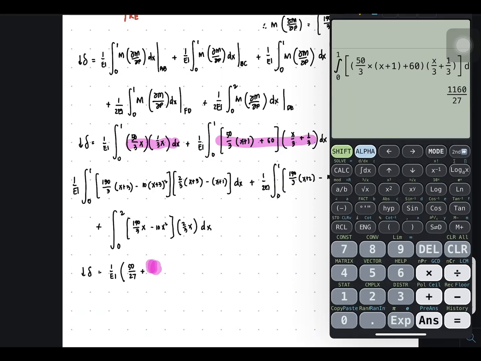So this is 1160 over 27 plus the last 1 over EI is here.